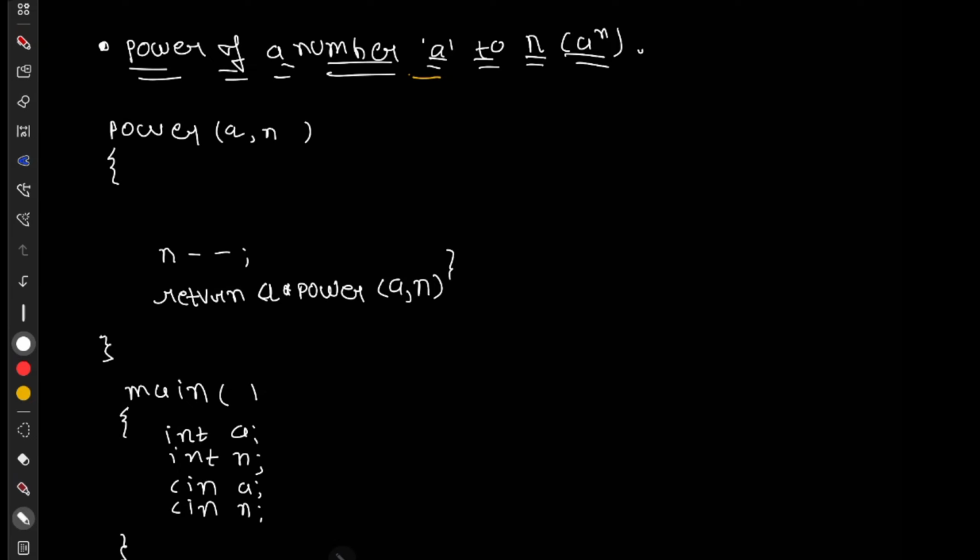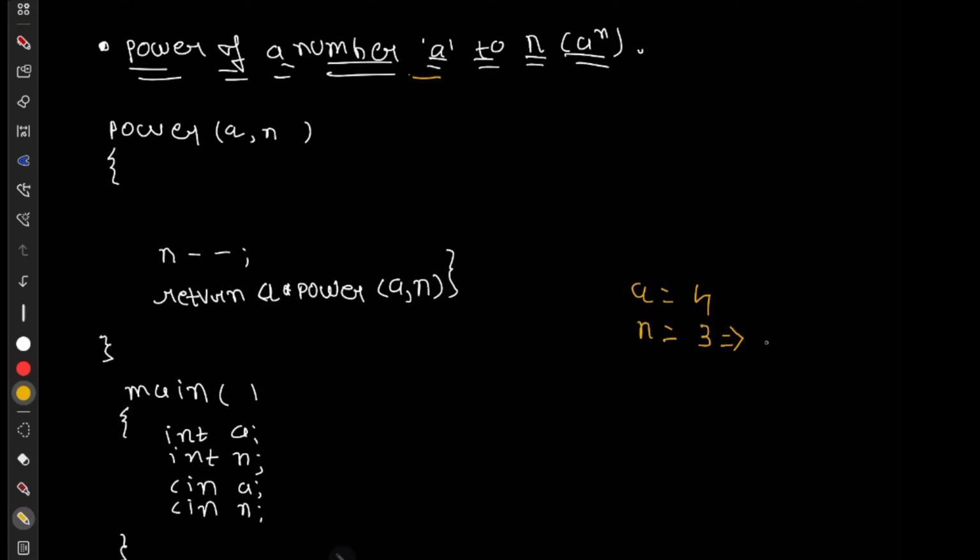First of all, understand this line, and after that we will add the base condition. How it works: let's say the value of a is equal to 4 and the value of n is equal to 3. When the first time this function is called, the value of n decreases by 1.